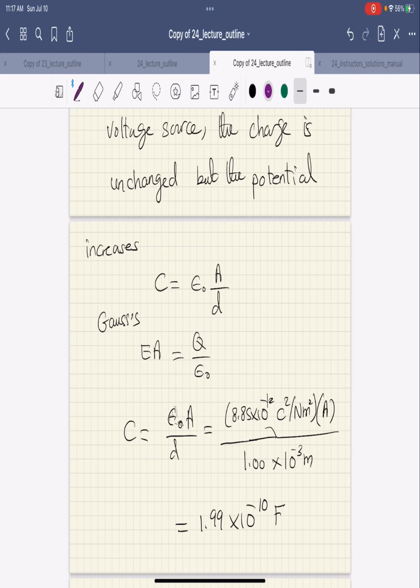Now C equals epsilon 0 A over D, and using Gauss's law without a dielectric, E times A equals Q over epsilon 0.